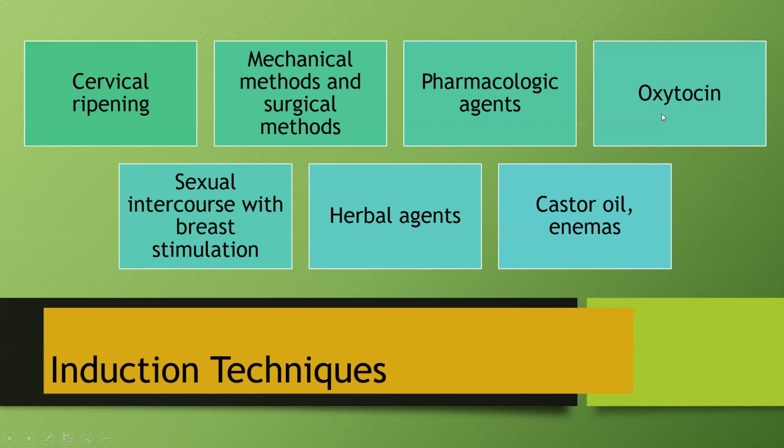As far as the other medications, there are some medications on the market that we know cause contractions, but aren't specifically meant for that purpose. For instance, we use something called Cytotec or misoprostol. That's one of the pharmacological agents. It is an off-market use. It's not one of the reasons that medication was created.